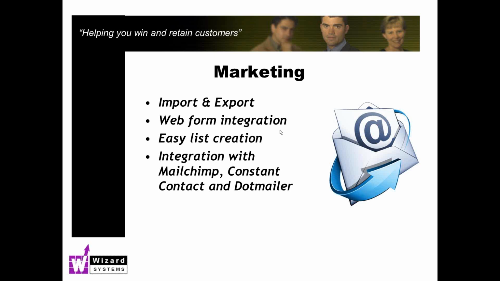So you create your list of who you're going to email in workbooks. That list is uploaded to one of these 3 accounts. These 3 accounts will allow you to create your professional looking HTML email template, email message.